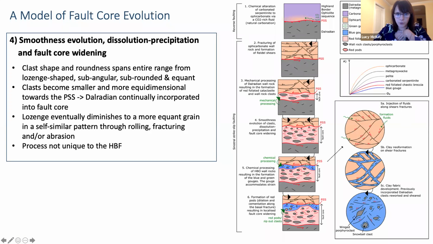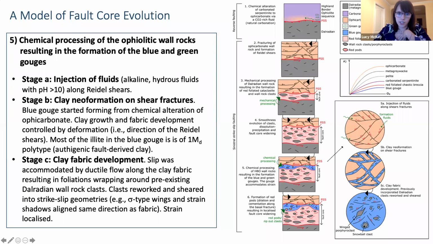However, after you've formed this red foliated chaotic breccia, next you then get the chemical processing of the Highland Boundary Fault to form this blue and green gouge. And I propose this occurs at 3 different stages, similar to what's been published and described for the San Andreas Fault.